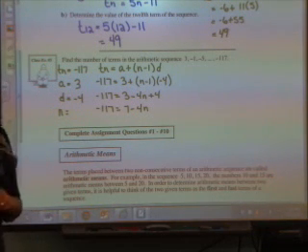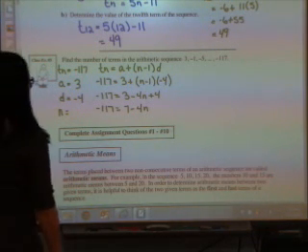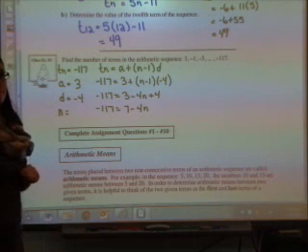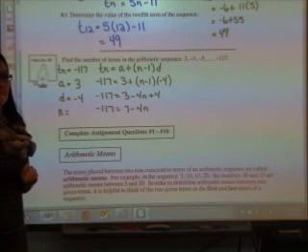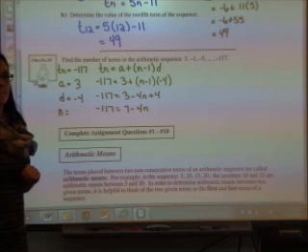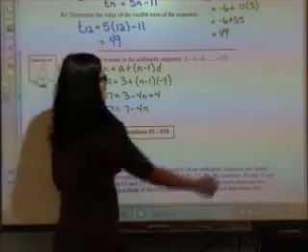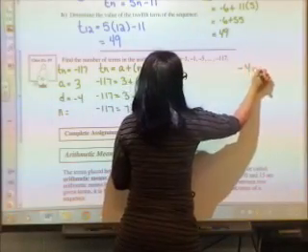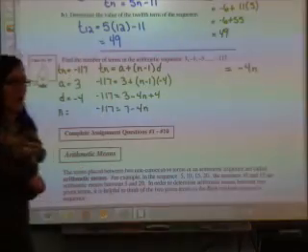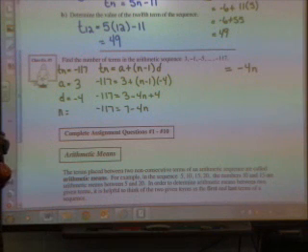Then what would I do? Okay, so if I subtract 7 from both sides, I will be left with a negative 4n on the right side. And what will I be left with on the left side?